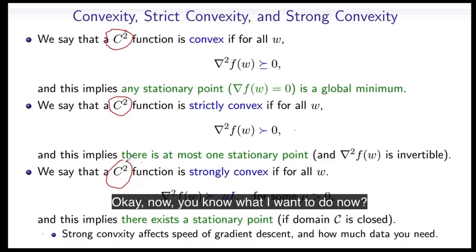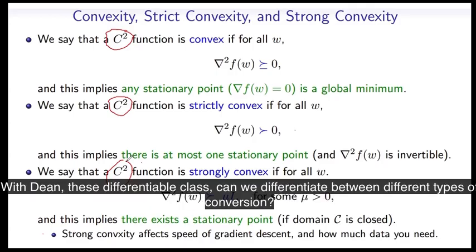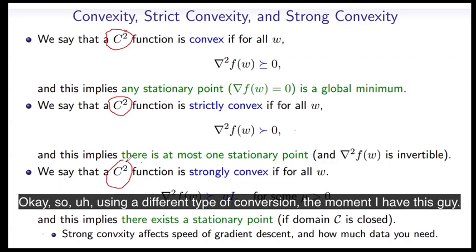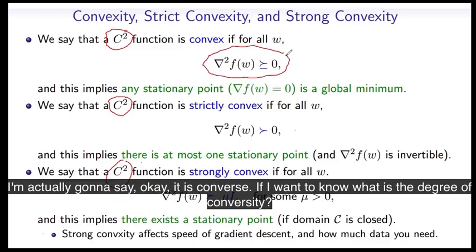Now you know what I want to do. Within this differentiable class, can we differentiate between different types of convexity? Using the different types of convexity, the moment I have this, I'm going to say it is convex.